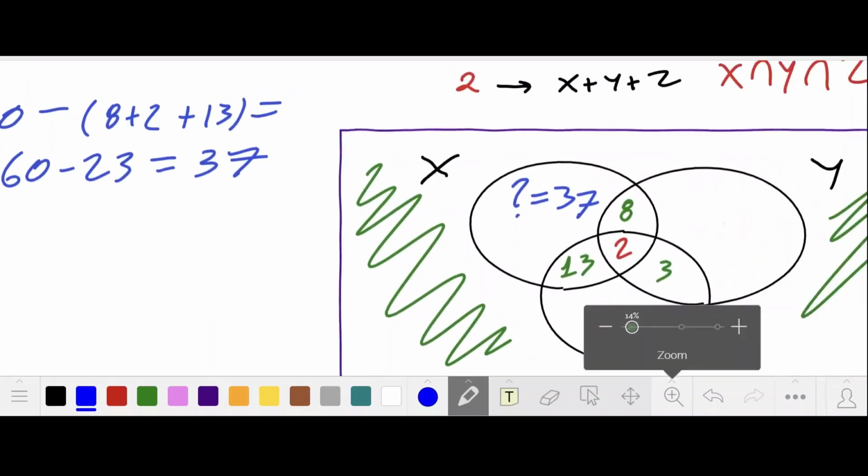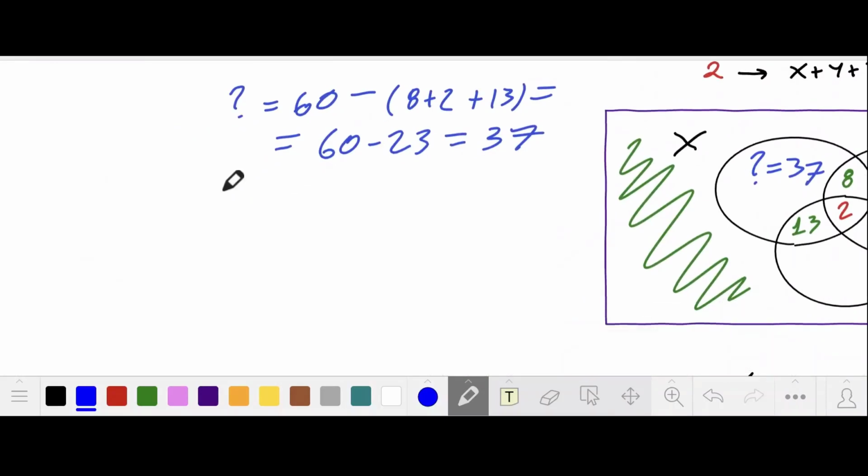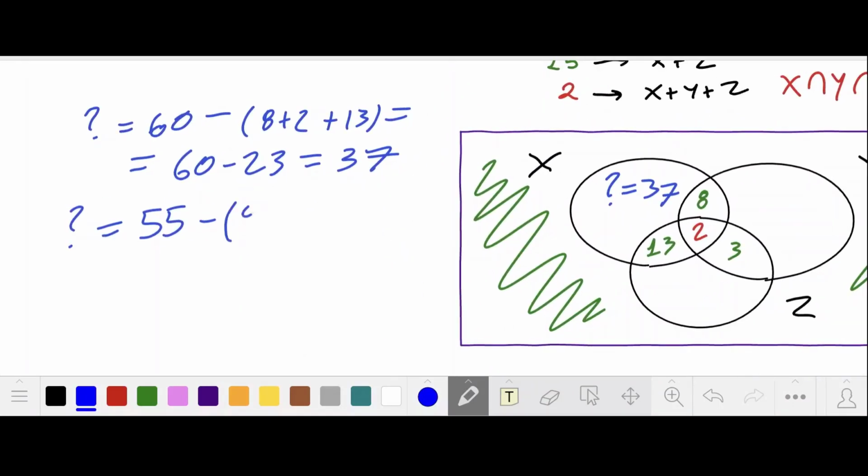We follow the same process for Y. We know that the number that we want to find is equal to 55 minus (8 plus 2 plus 3). That is equal to 55 minus 13, and that is equal to 42.